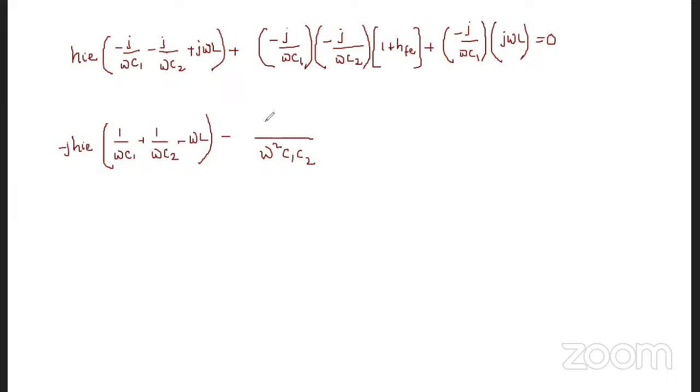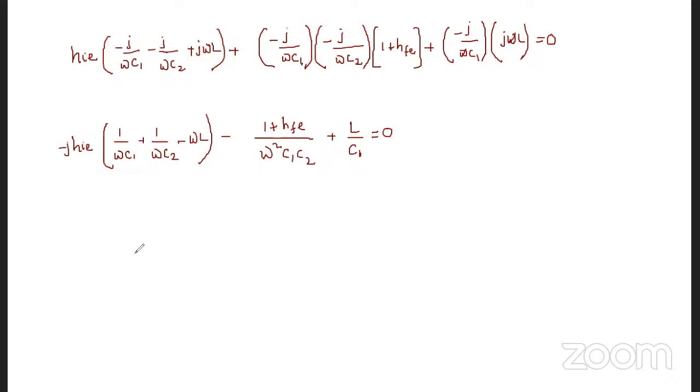So overall you are going to get 1 plus h_fe. Plus, the last one, we have taken minus j outside, so it will be plus. Here omega cancels, this one and this one. So we are going to get L by C1, which will be equal to 0.